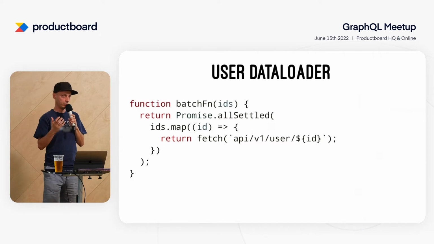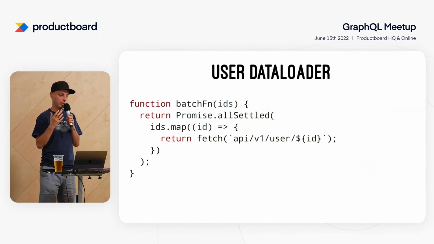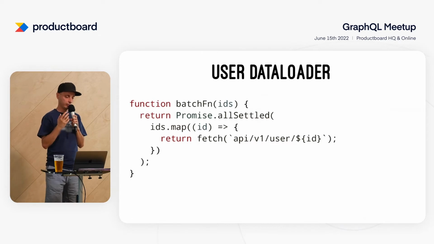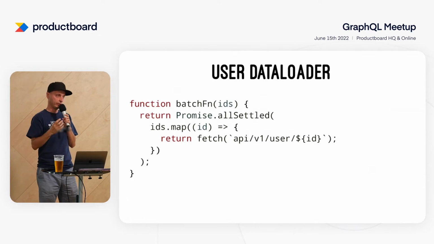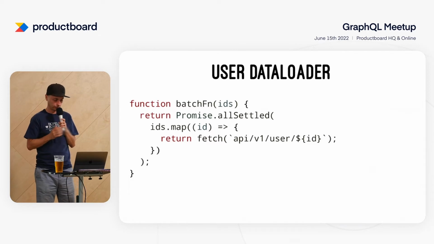Basically, there are two requirements for a batch function. It has to return the same amount of responses as many IDs it received, and it has to be in the same order. So, like, Promise.allSettled with a fetch API call in an array. That's basically what is needed.